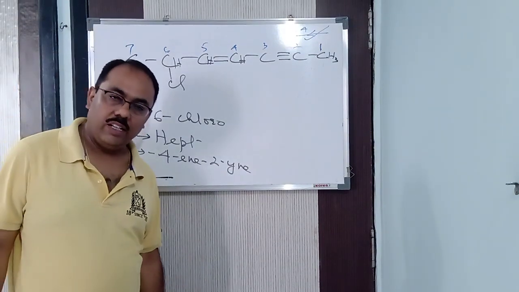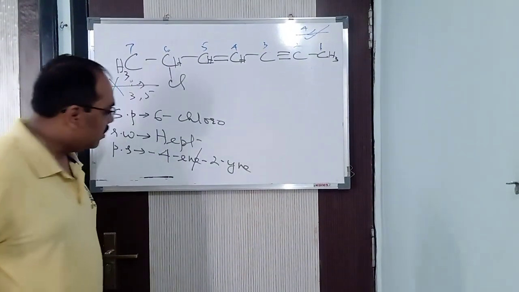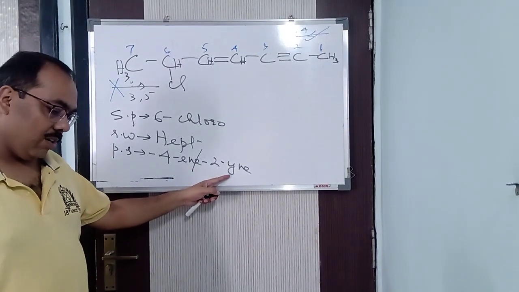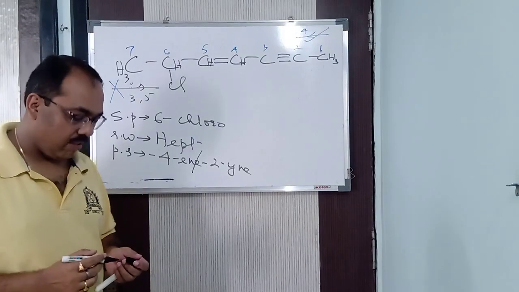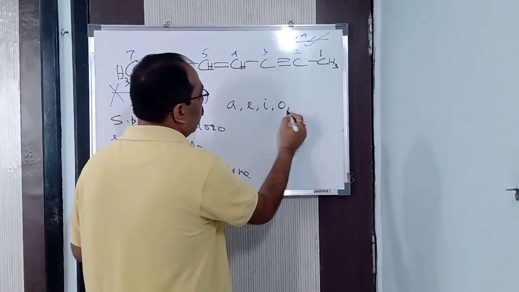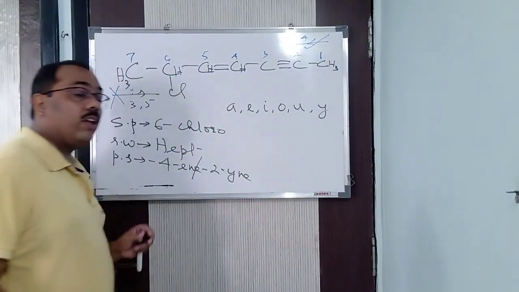Now, one more thing I'll tell you here. Here the E will be removed. You'll say why? This is E and this is Y. Y is not a vowel, but in chemistry it is a vowel. In chemistry A, E, I, O, U as well as Y is a vowel.